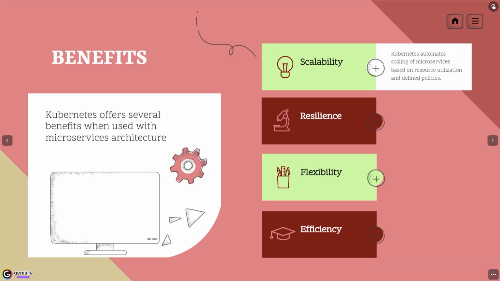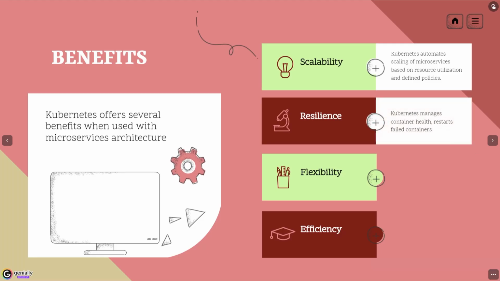Kubernetes automates scaling of microservices based on resource utilization and defined policies. Next one is resilience. Kubernetes manages container health, restarts failed containers, and maintains desired application state, ensuring high availability of microservices. Next one is flexibility.